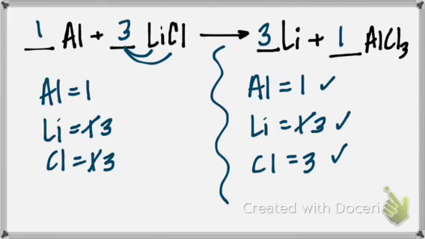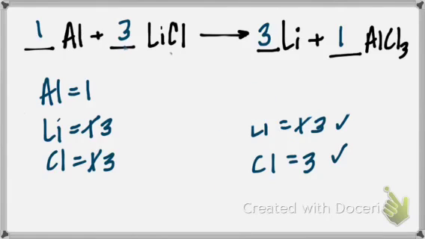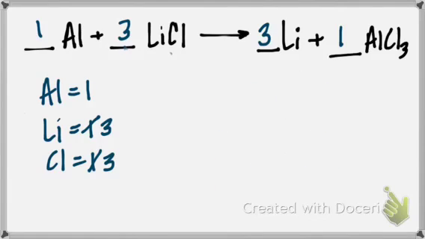Now something that comes up, people always ask on this product side, does it matter if the lithium is listed first or the aluminum chloride? Makes no difference at all. So if you have it listed as AlCl3 first and then lithium, that's fine. It's not an issue.